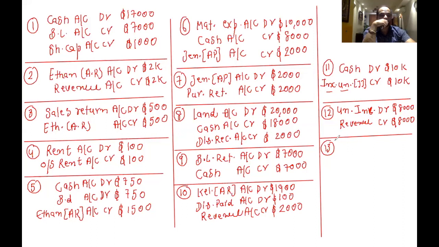What is debit and what is credit for number 13? So accounts payable debit 1,000 and cash credit 1,000. Accounts payable debit and cash credit.